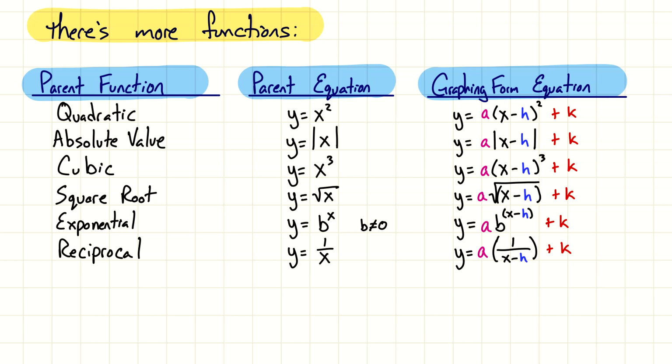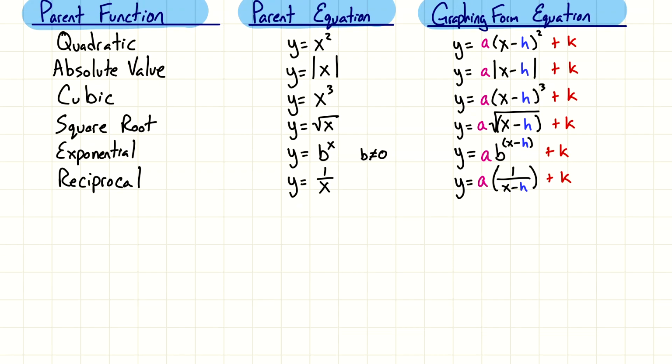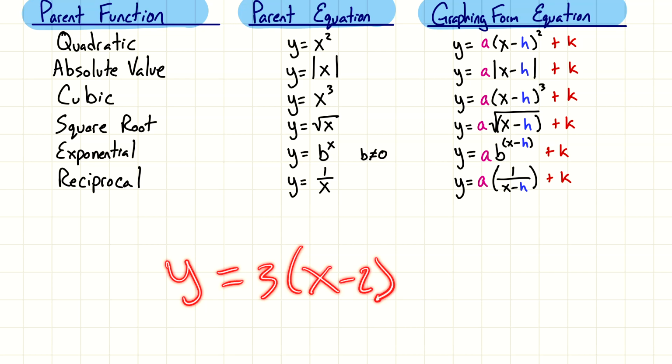If I give you one of these equations, let's say a square root equation that's perfectly filled out, maybe if I say, here's y equals 3 times the square root of x minus 2, plus 4, and I ask you to tell me about this graph, you should be able to tell me where this graph is located and what it looks like, right?